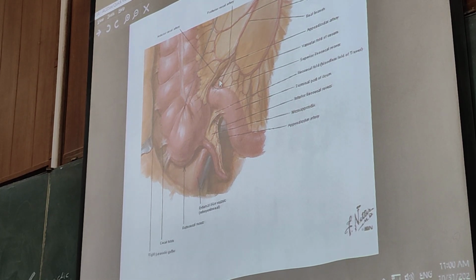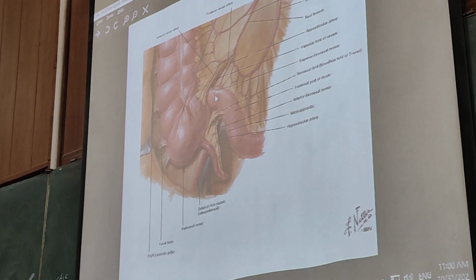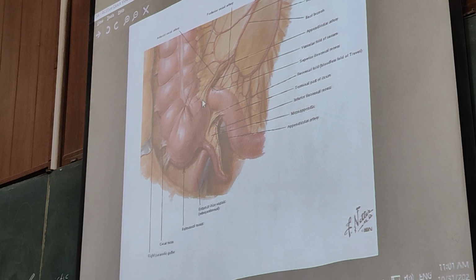Look carefully and answer my question. The superior ileocecal recess is posteriorly laid on what? The ileum. Anteriorly it is limited by this fold. What is the character of this fold that you can see here? There is an artery that passes.